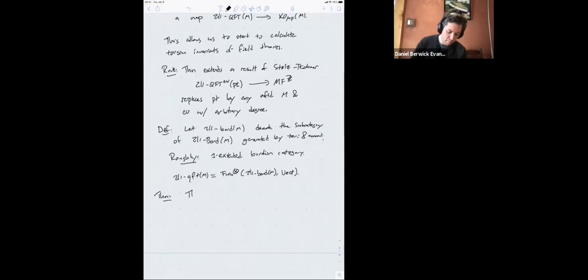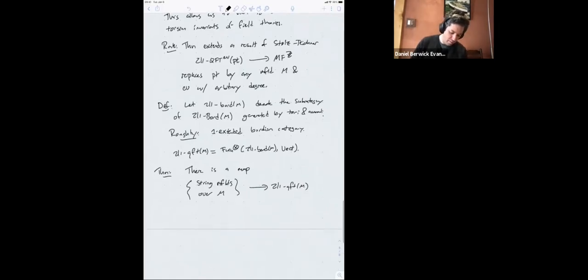So there is a map that goes from string manifolds over M, and it maps to 2,1 QFT of M, refining this map from M string to KO-MF. Refining in the sense that there's a composition now, this cocycle map from 2,1 QFT of M down to KO-MF of M, and the composition is going to give you the string orientation.